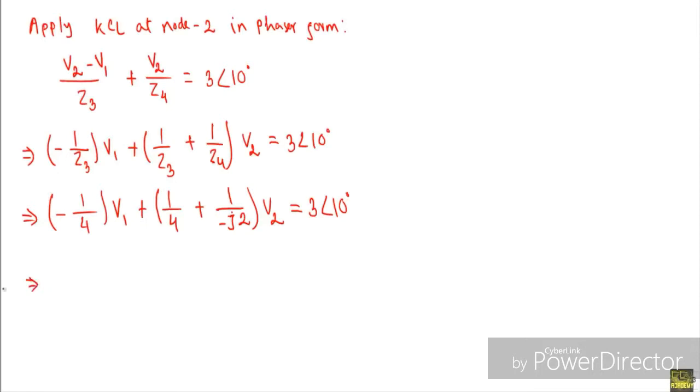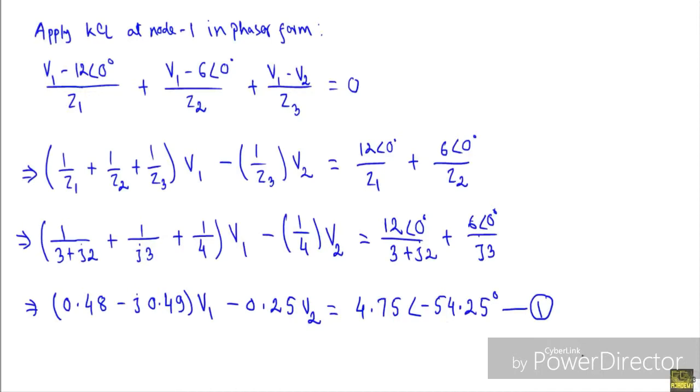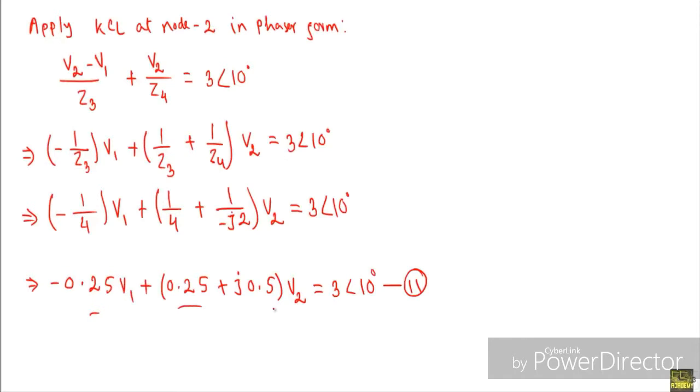If we perform the required mathematical calculation, we will get minus 0.25 V1 plus (0.25 plus j0.5) V2 equal to 3 phase angle 10 degree. This will be our equation number 2. Here we have equation number 1, and here we have equation number 2.